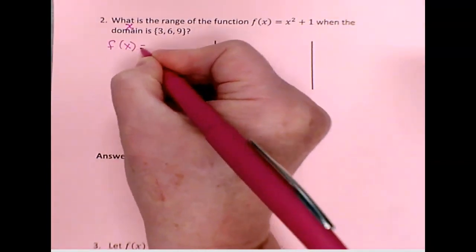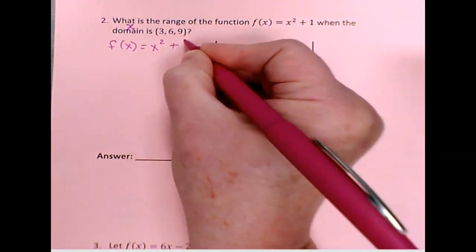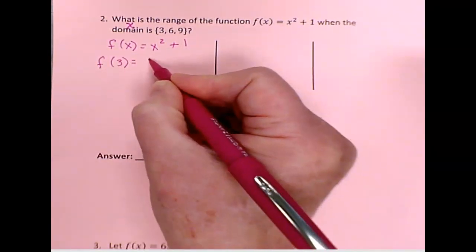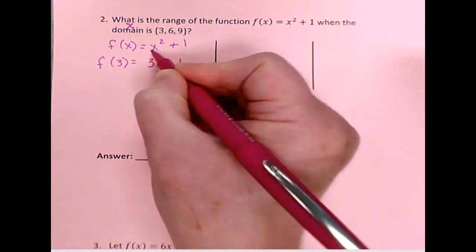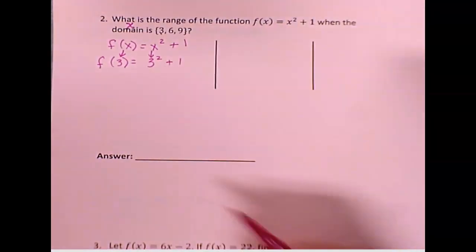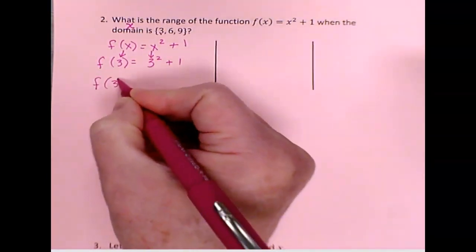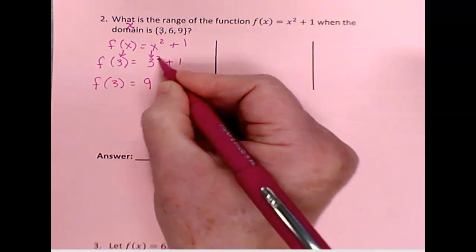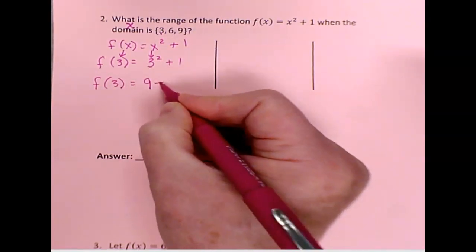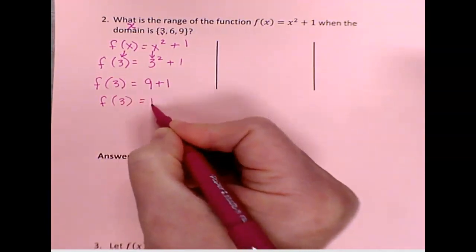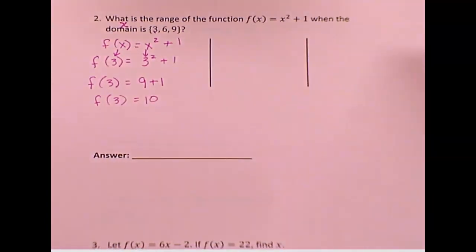So what I am going to do with this function is in place of the x, I'm going to substitute the first value here. f of 3 is going to be 9. 3 squared means 3 times 3, and that's going to be 9. So f of 3 is going to be equal to 10.